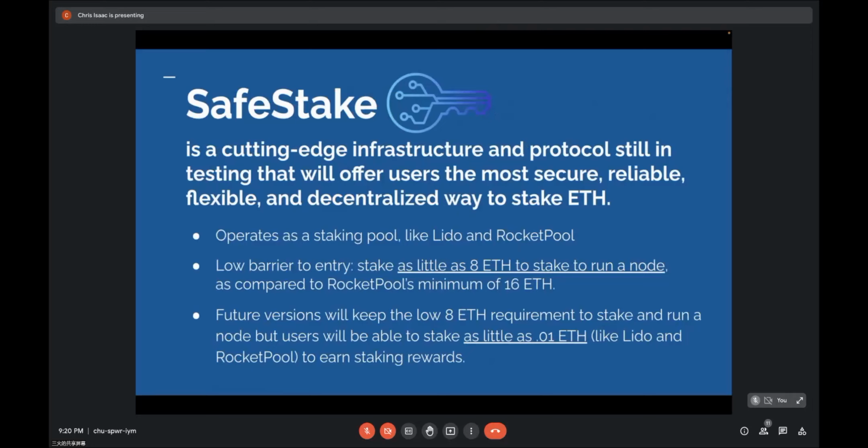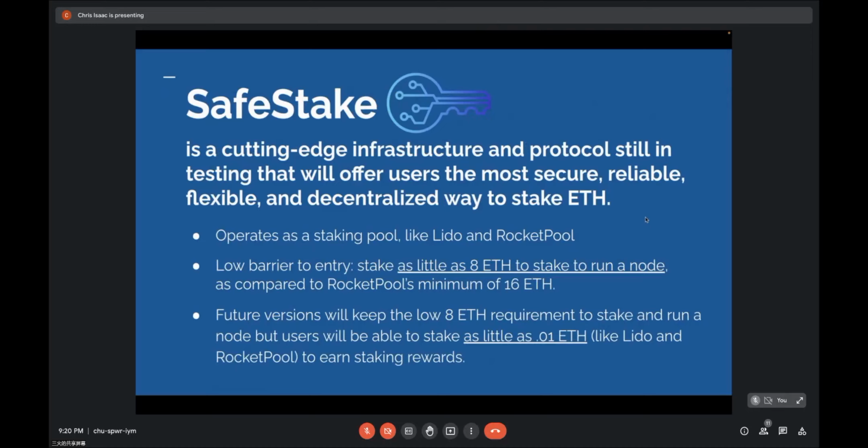Let's get into SafeStake. Let's talk about how it is similar but different, and how it improves things overall. SafeStake is an infrastructure and protocol, still in testing. We've got a testnet up that is testing all of this functionality.